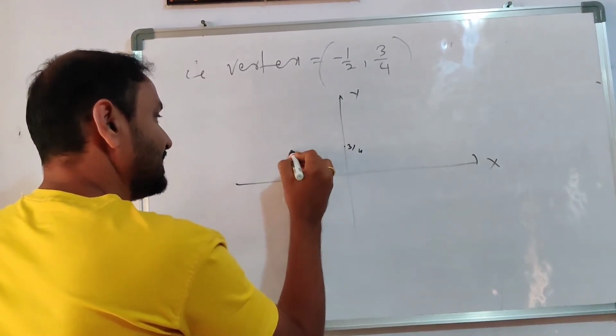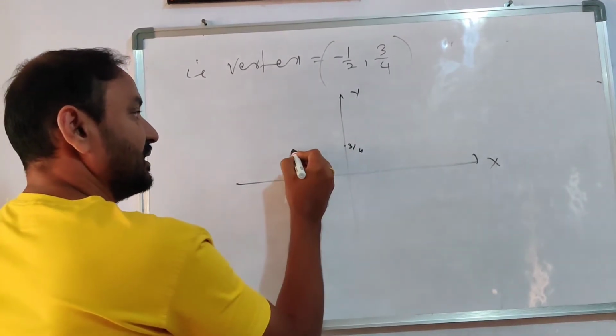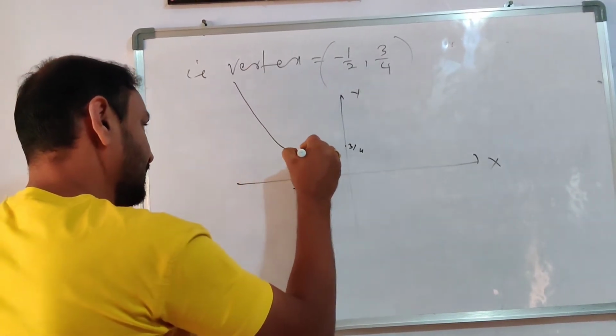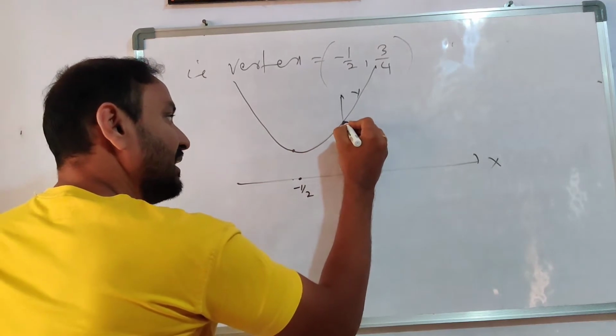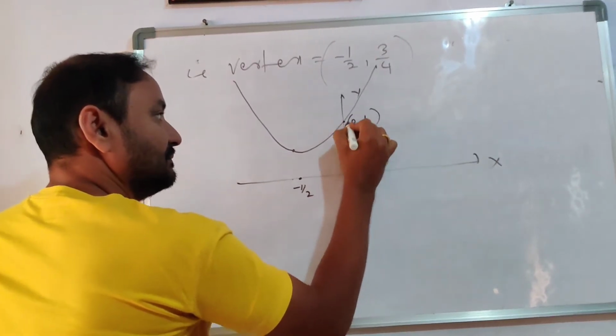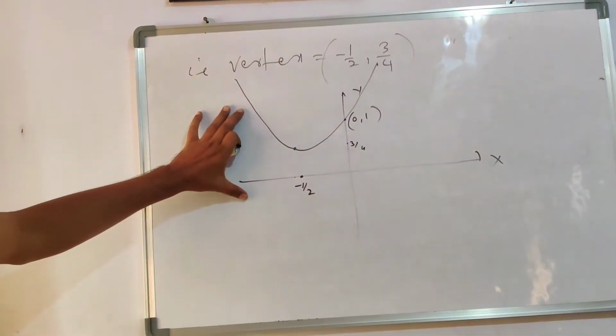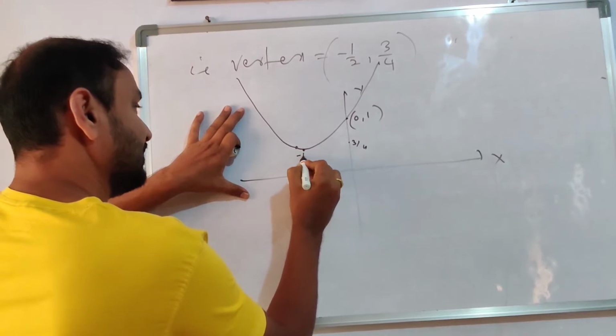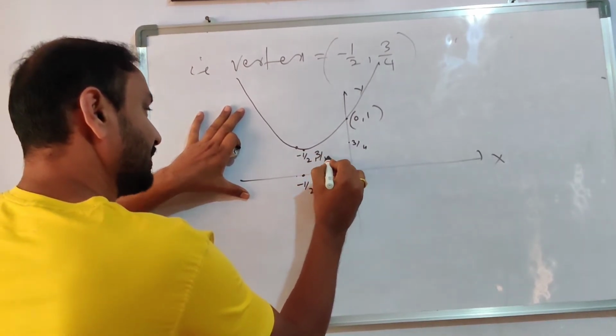So this is the vertex, and this is the parabola opening upwards, passing through (0, 1). The vertex is (minus 1 by 2, 3 by 4).